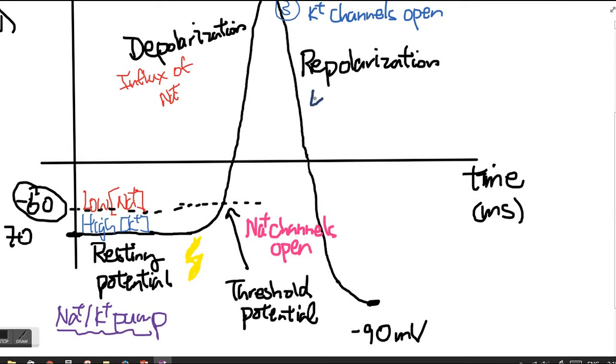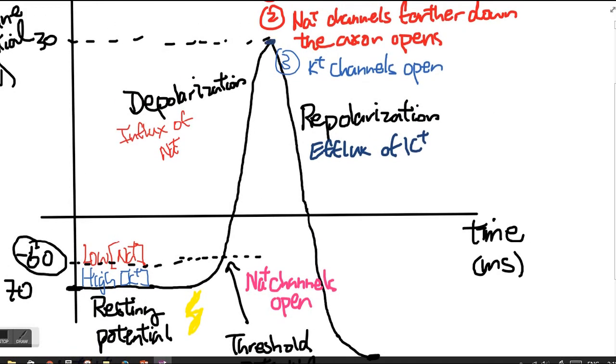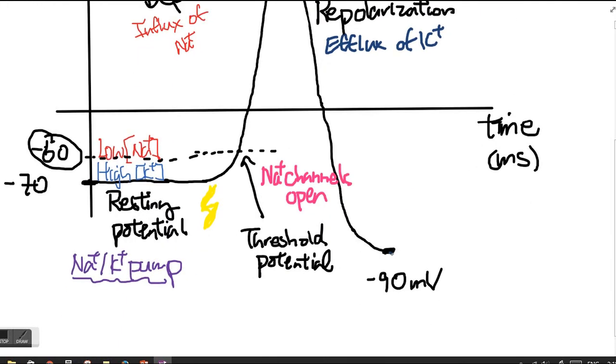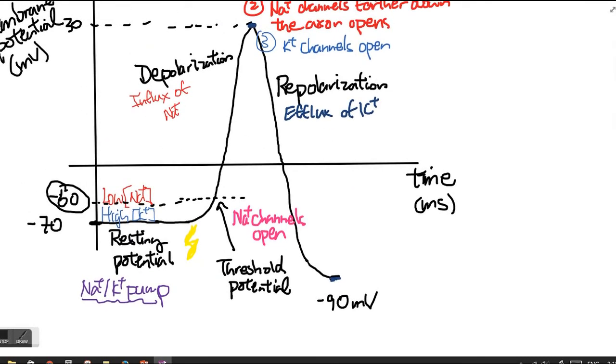And this repolarization is caused by the efflux, the leaving, of potassium ions. So between positive 30 and negative 90, that's when the potassium channels are going to open.